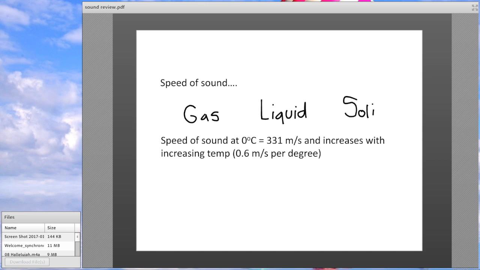Since sound is a mechanical wave, the medium that it travels through affects the speed. The closer the particles are together, the faster it can travel. So that means a gas is going to be the slowest, and solid is going to be the fastest.